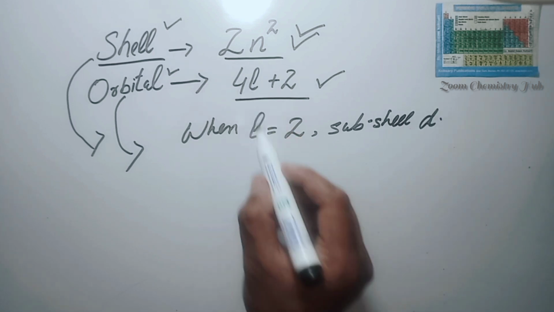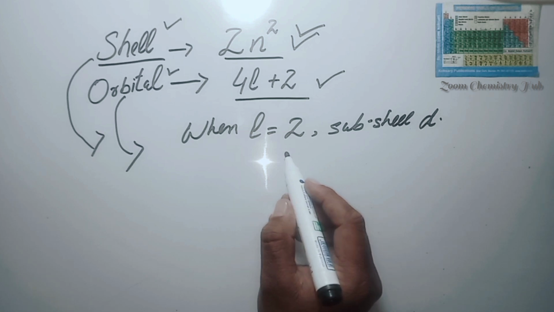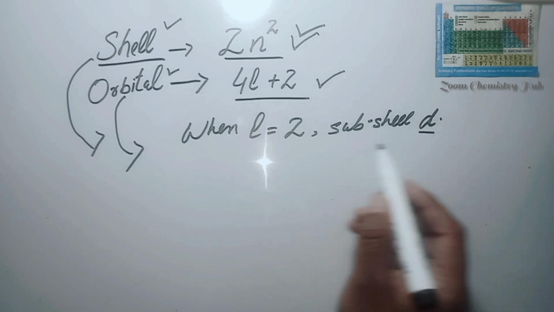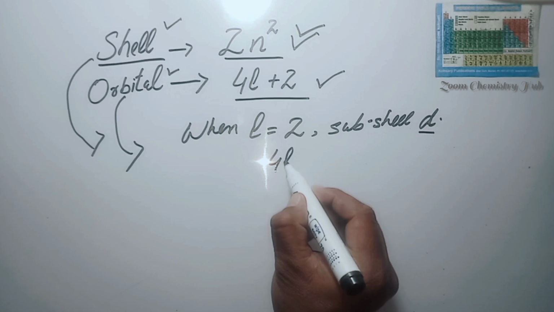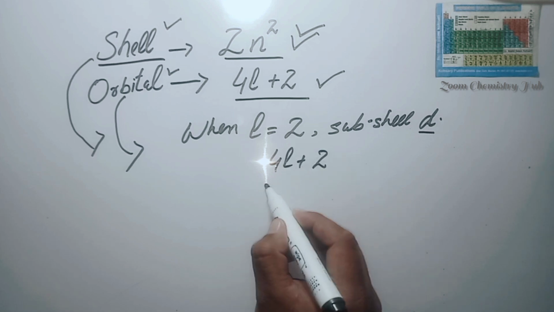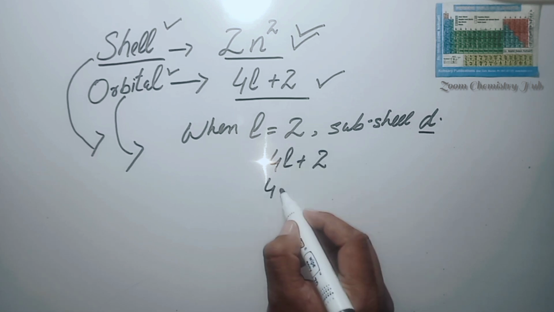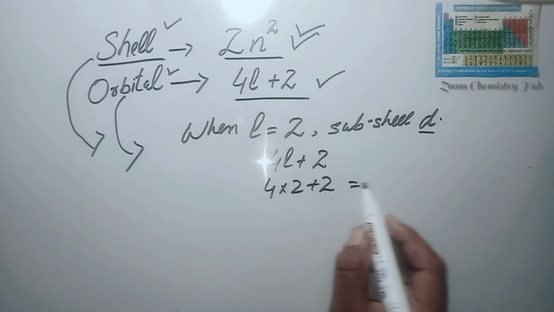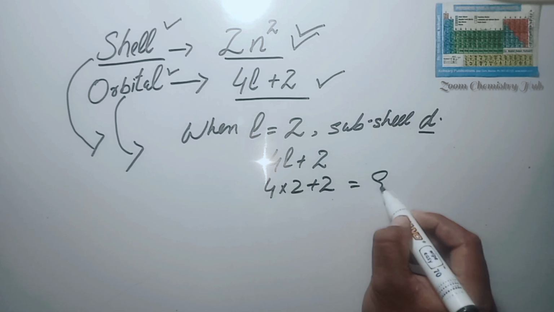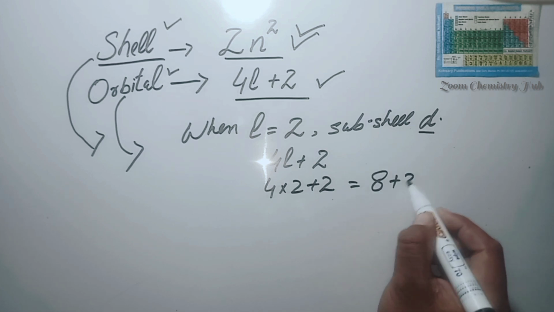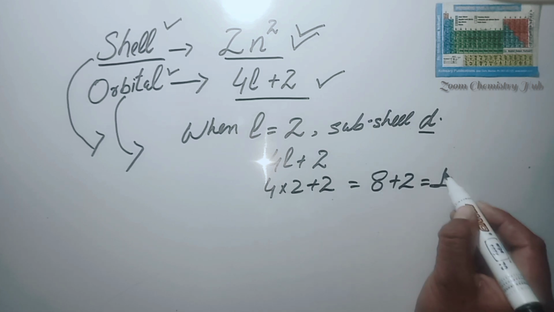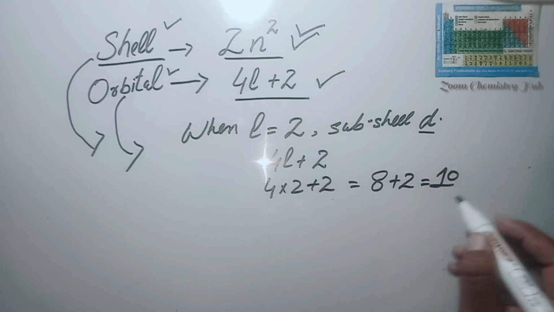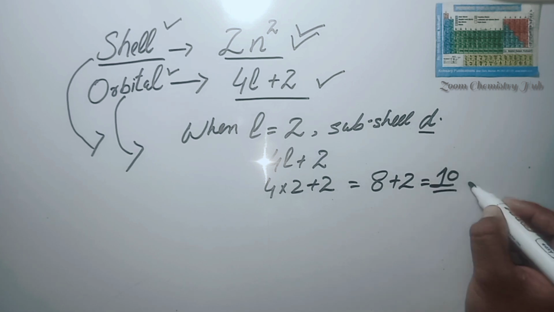Using the formula 4l plus 2, here the value of l is 2, and 4 twos are 8 plus 2. So the maximum number of electrons in the d subshell is 10.